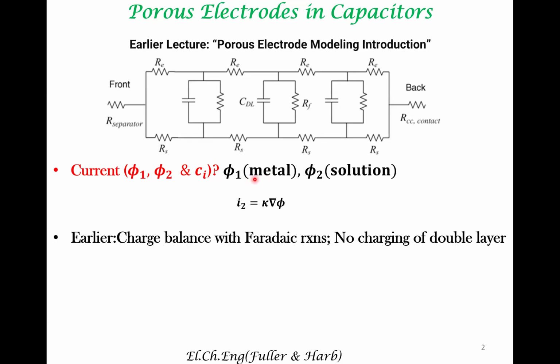And then we did a charge balance taking into account the Faradaic reaction, in the context of batteries, and we neglected charging of the double layer because we were only interested in modeling current distribution of a porous electrode of a battery. And this charge balance led to this equation. So all these terminologies are clarified in this lecture.